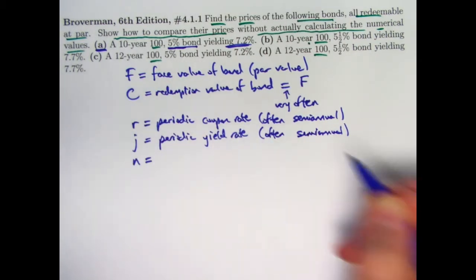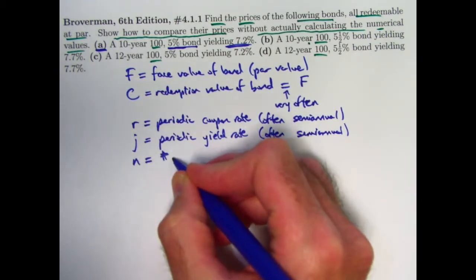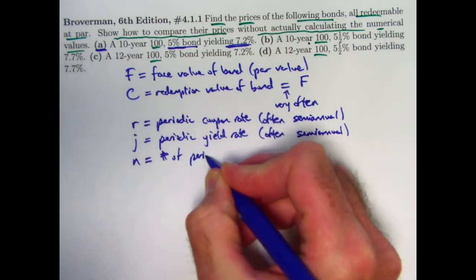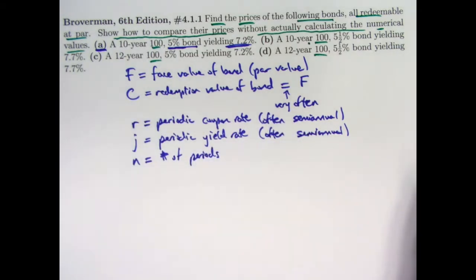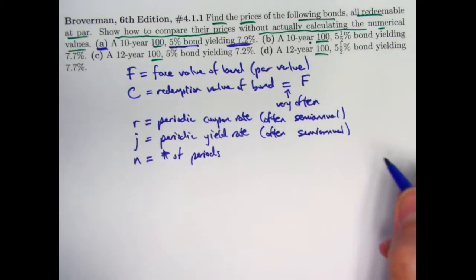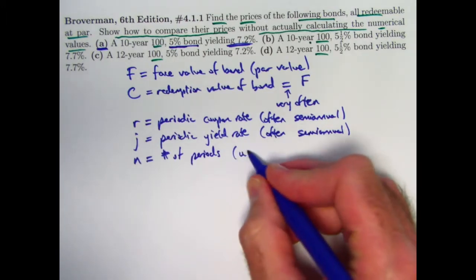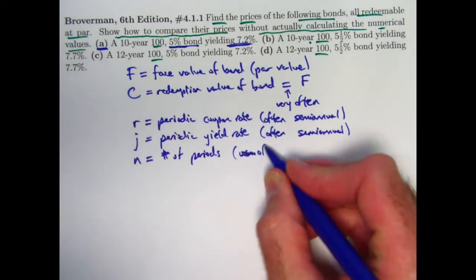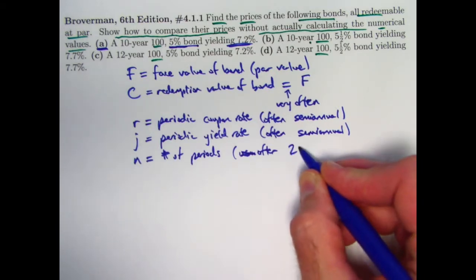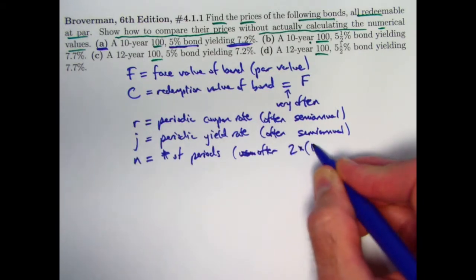The letter n is going to represent the number of periods. And the going assumption, again, is that things are compounded semi-annually, so if that is the case, this is usually or often 2 times the number of years.